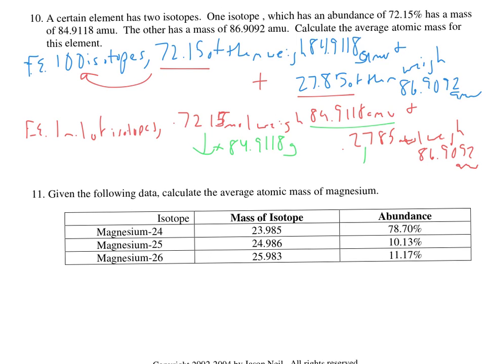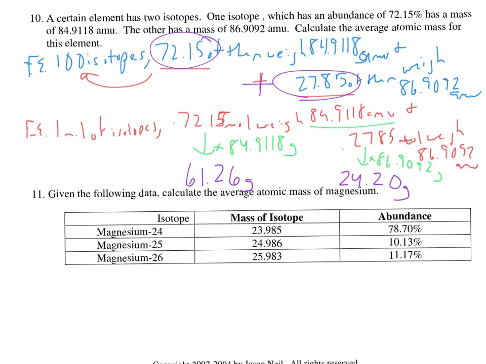And I'm going to say that this one is times, and this is a little bit different than what we've done before, 86.9092 grams. Okay, and remember before we said that these two numbers always added up to this number. Well, that means that these two numbers must add up to 1 mole of isotopes.